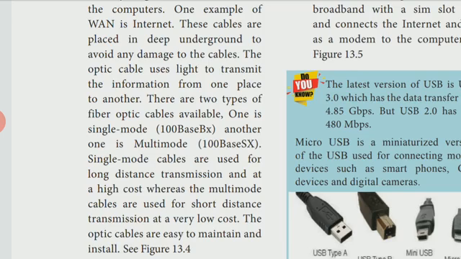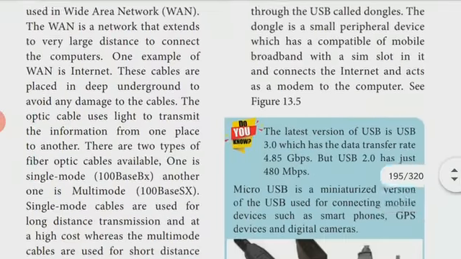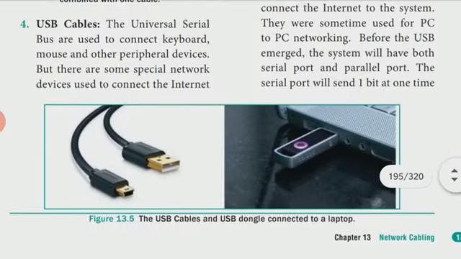Single mode is used for long distances, and because it's high cost, multi mode is used for short distances and it is low cost. So this is about fiber optic cable.